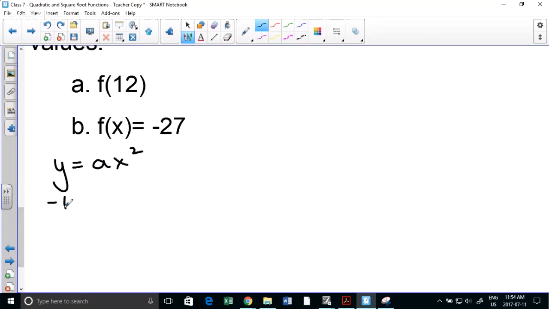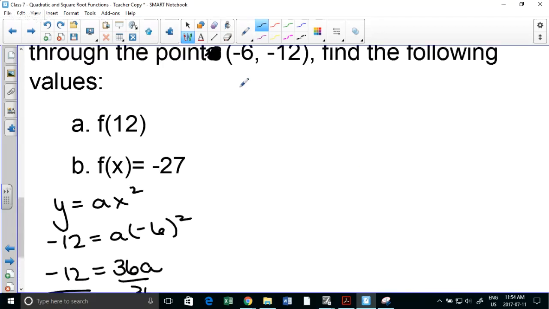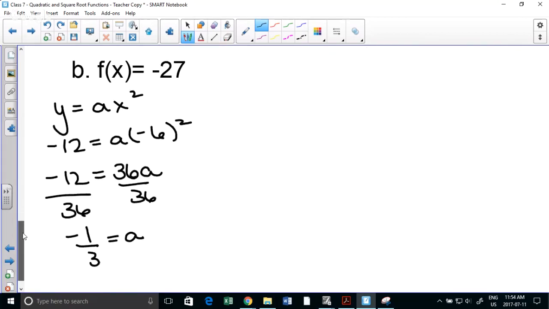So my y is -12, my x is -6. -6 squared is 36, and I divide by 36 to give me -1/3. So my rule is y equals -1/3 x squared.